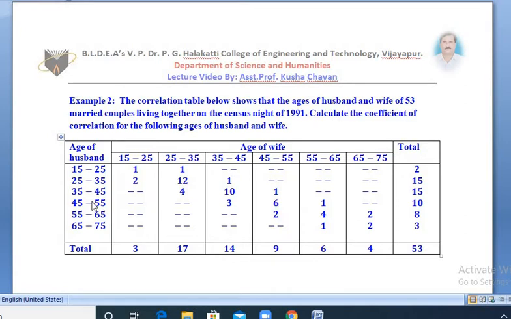And the number of husbands over the class interval 35 to 45 is 10, and the number of husbands over the class interval 45 to 55 is 3 and that of number of wives over the class interval 35 to 45 is 3, and the number of wives over the class interval 45 to 55 is 6 and that of number of husband over the class interval 45 to 55 is also 6.